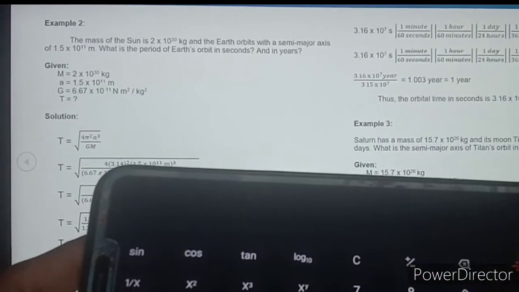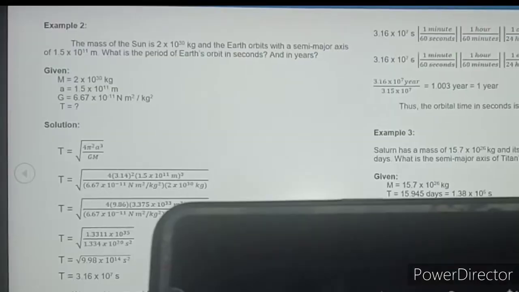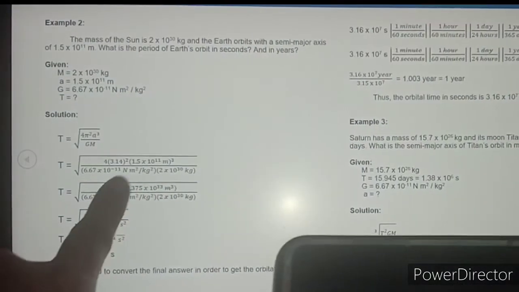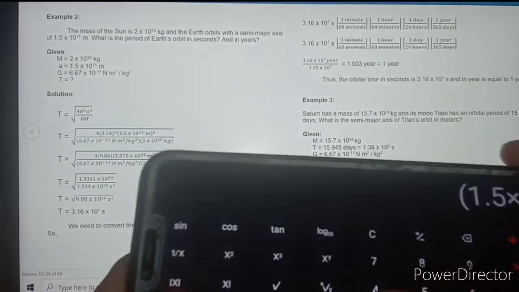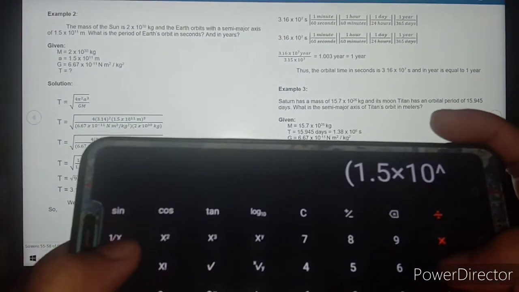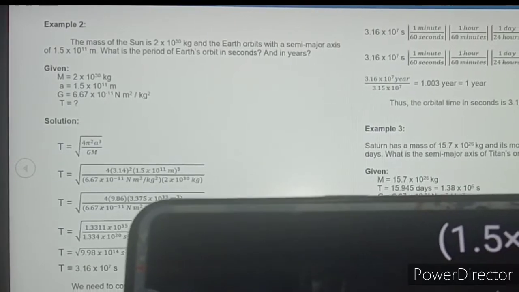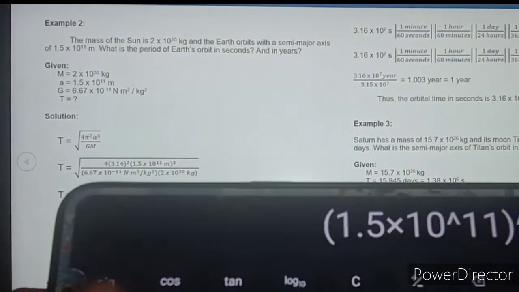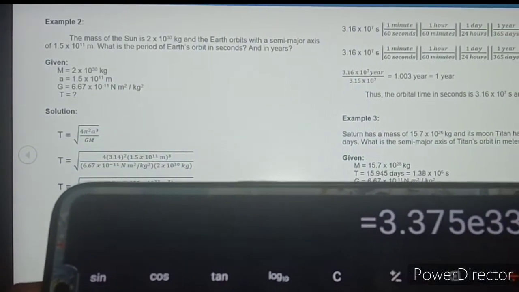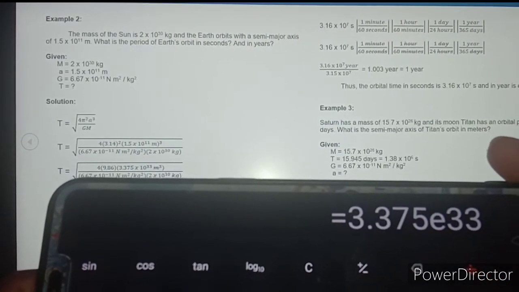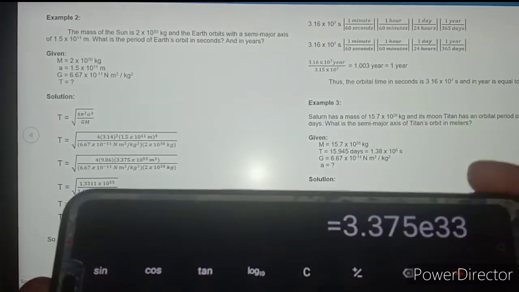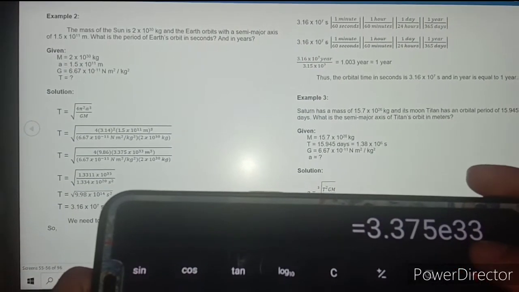So, we have 1.5 for the radius, 1.5 times 10 raised to 11, close parenthesis, and then we're looking for its cube. So, the answer is 3.375 times 10 raised to 33.